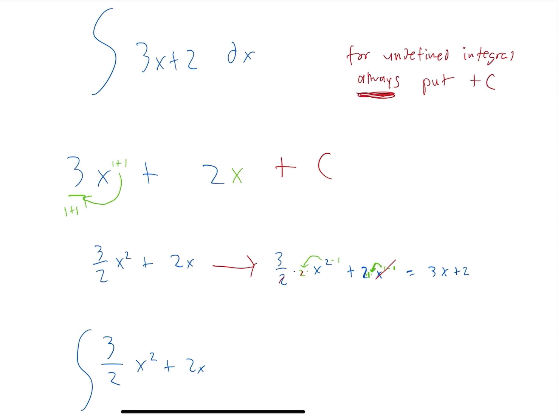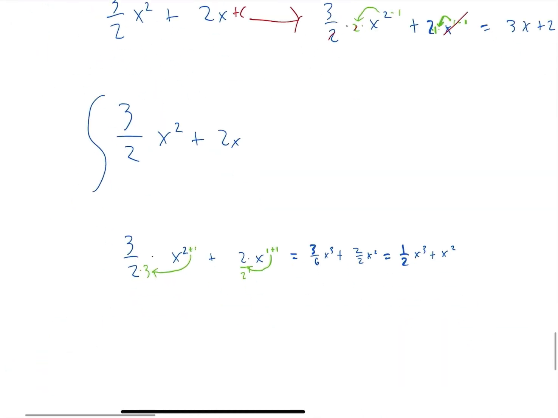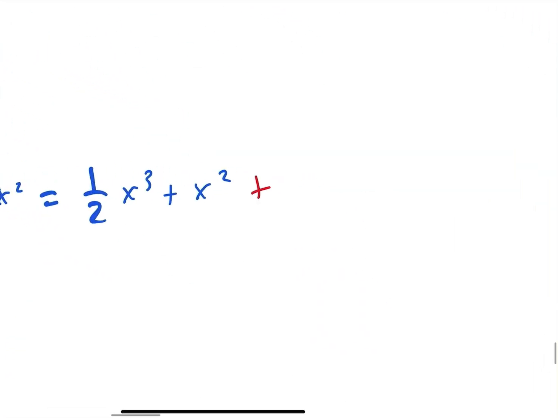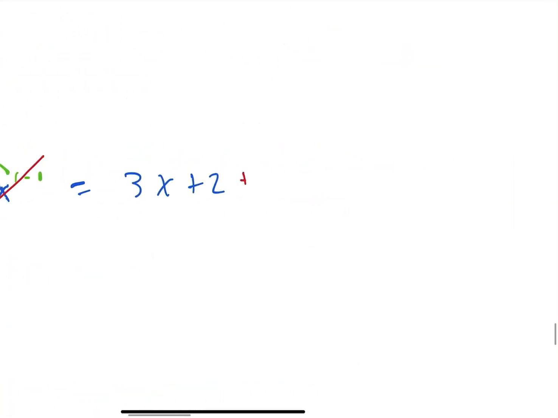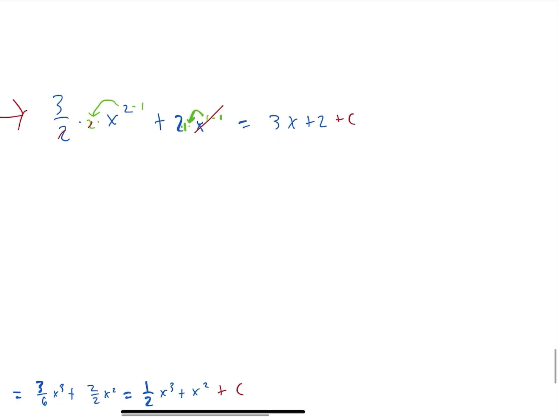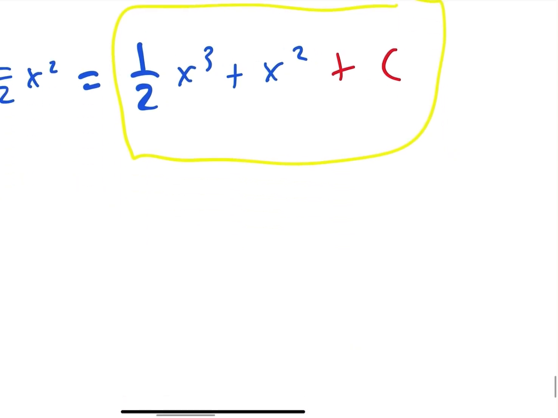So this would technically be 3 over 2 x squared plus 2x plus c, and this would be 1/2 x cubed plus x squared plus c. Because if you took the derivative of this function, we would get 3 over 2 x squared plus 2x, and that constant would just go to 0. So you always have to add in your constant.